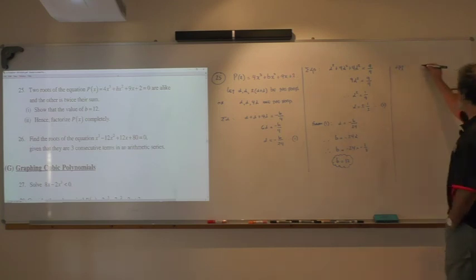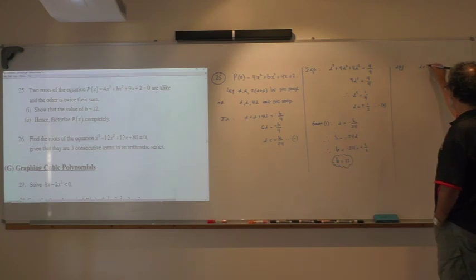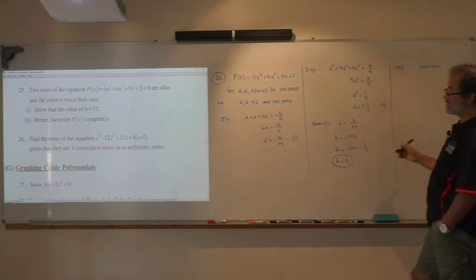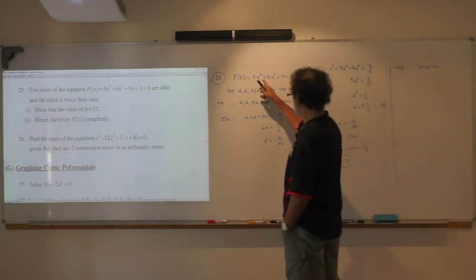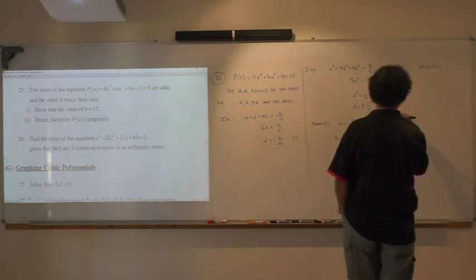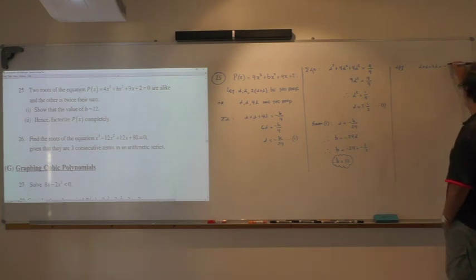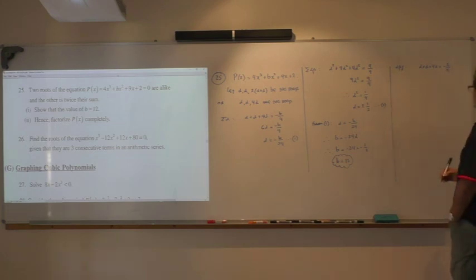In this case, we have alpha multiplied by alpha and then multiplied by 4 alpha. That is equal to the last one. This is negative, positive, negative, so it's going to be negative 2 over 4.